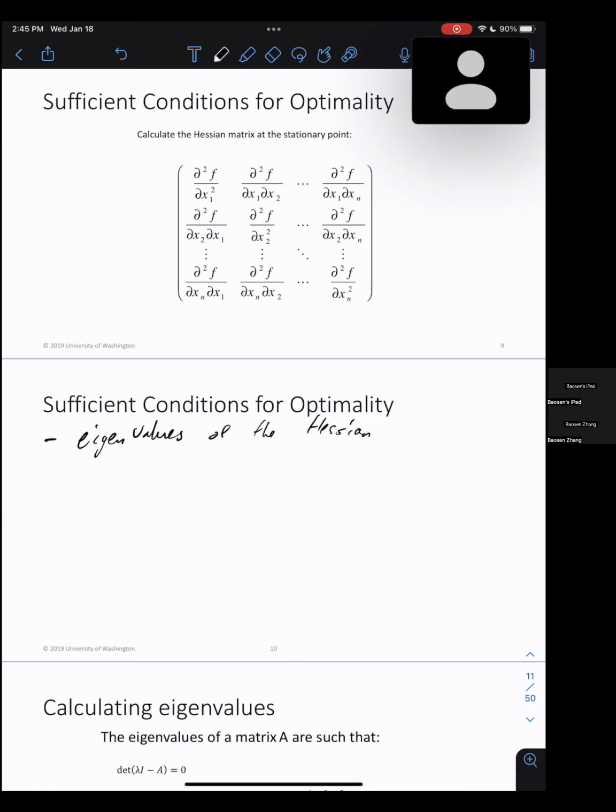So one reason that we don't check the Hessian a lot of times is you don't want to do this eigenvalue computation. This scales poorly. As your number of variables grows and grows, it becomes very hard to compute the eigenvalues of a matrix. So for example, the largest market we have in the US is PJM.